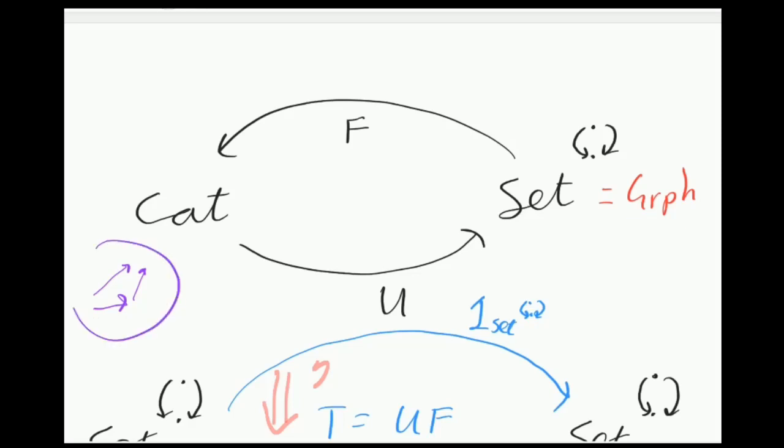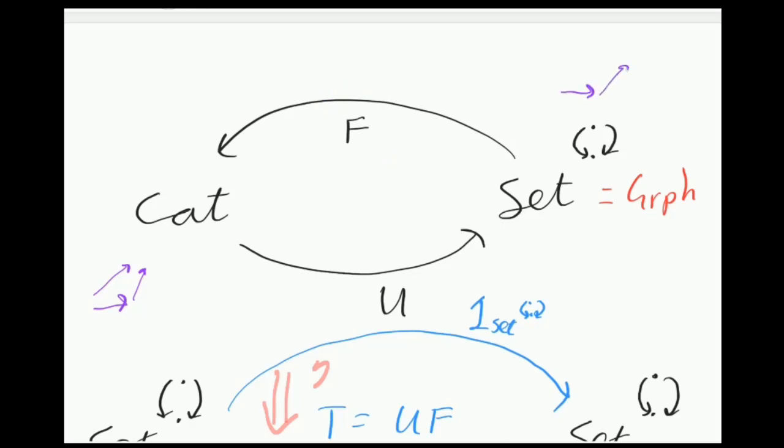So the objects of our original category become vertices, and the arrows of our category become directed edges. That's all that U does. It just forgets the compositional structure. But there's a left adjoint to this forgetful functor U, and that's this free functor F, which is much more exciting in a way.